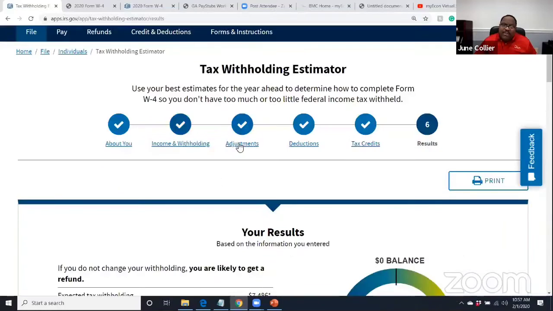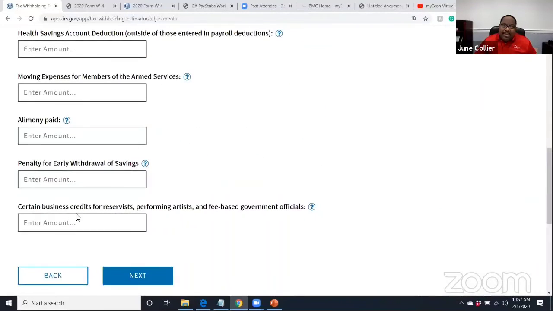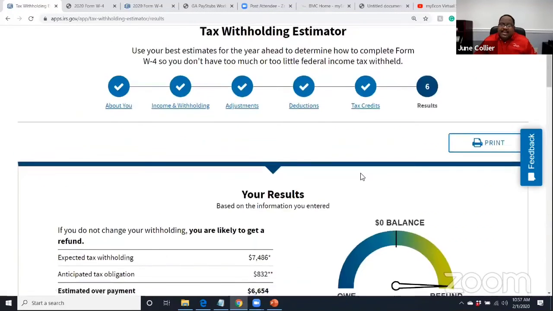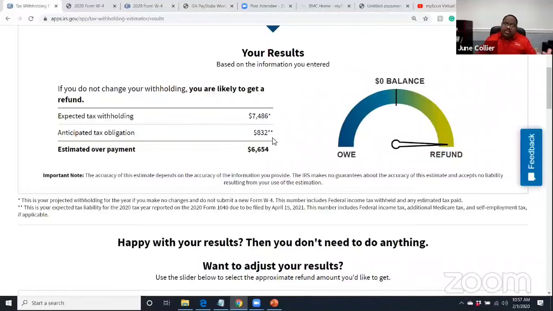But by having a business, that $5,000 helps us reduce our tax liability down to $832. So this is why we say owning a home-based business is so vitally important, because that money would have gone to taxes. Now you can take that money and put it back into your pockets.